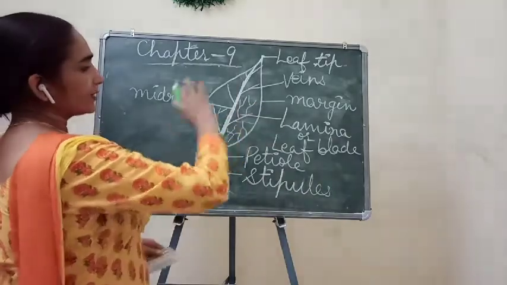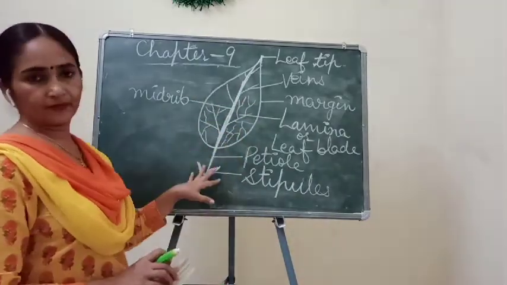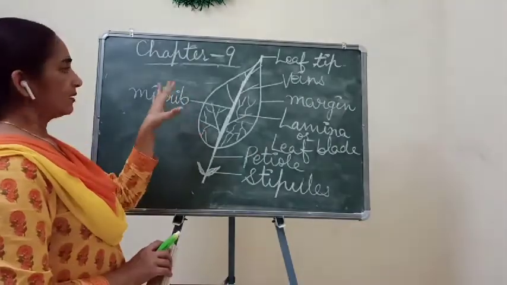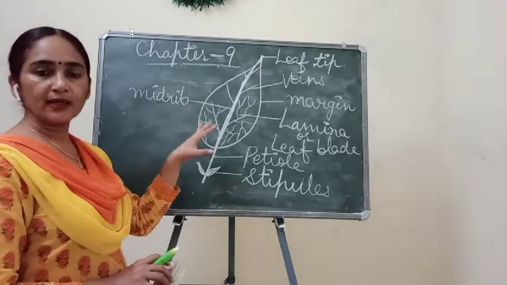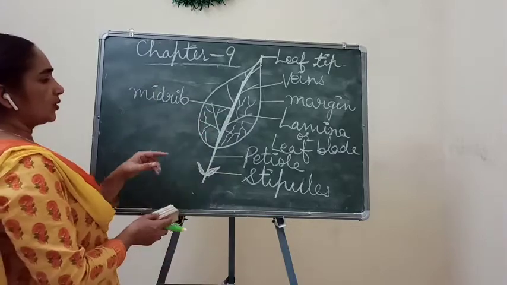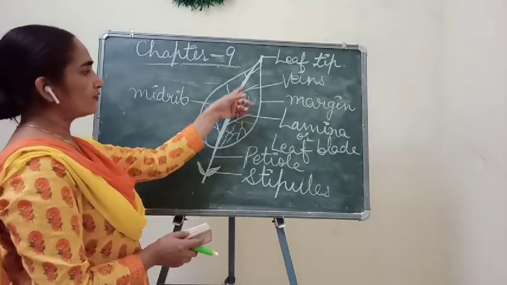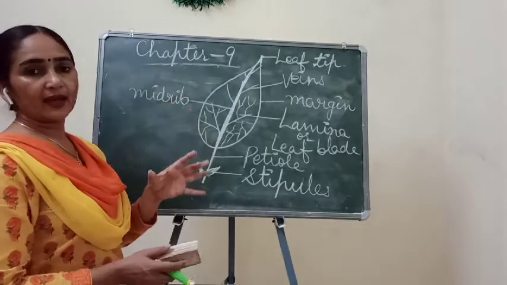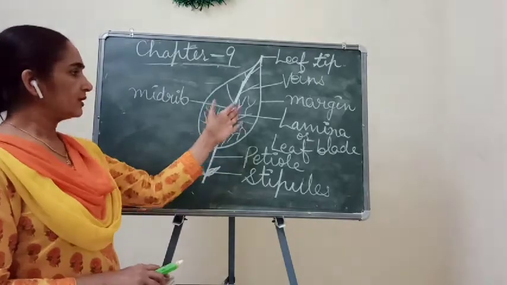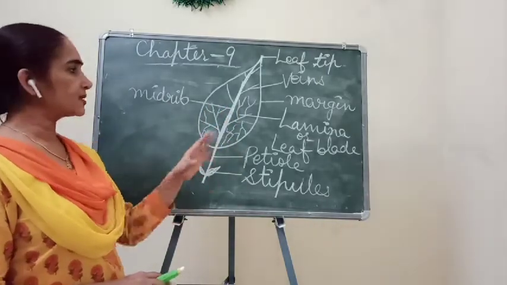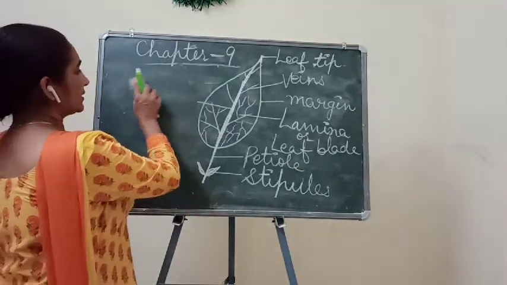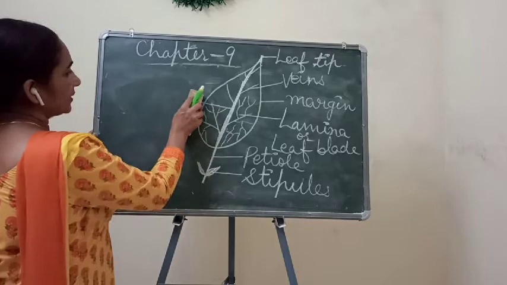These are all the different parts of a leaf, and you should learn them, and know how to draw a leaf and label its different parts. Then, on the basis of the shape of veins and the network of veins, we can classify the leaves into two main categories. Let's see what those categories are.